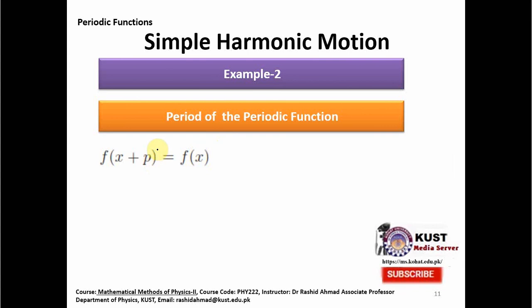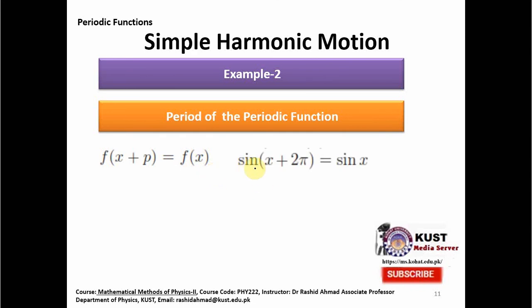That's why it's called a periodic function, and p is its period. We know that sine theta or cos theta are periodic functions, and since they describe the simple harmonic motion of a particle, simple harmonic motion is a periodic motion.